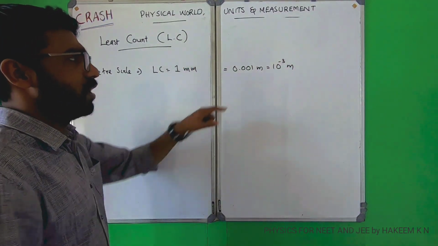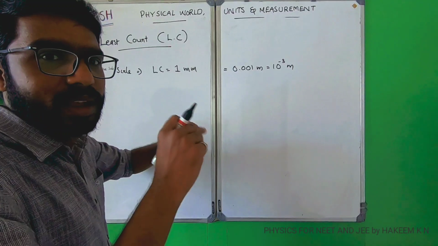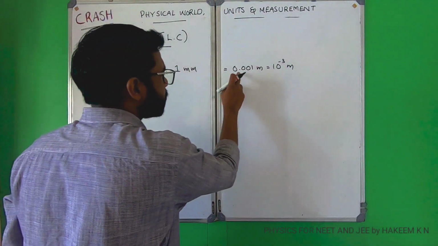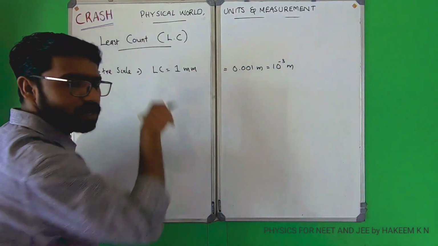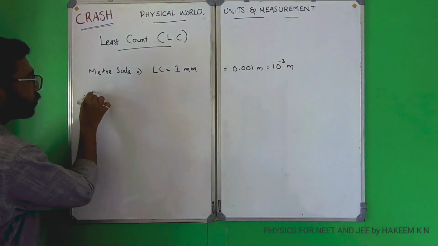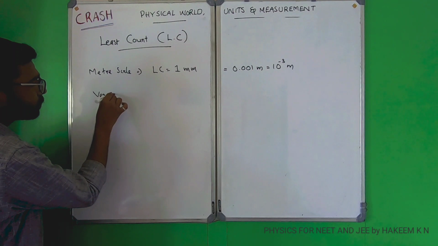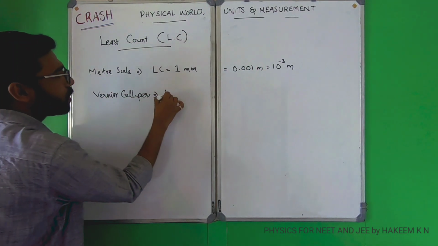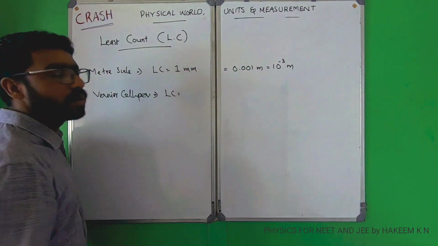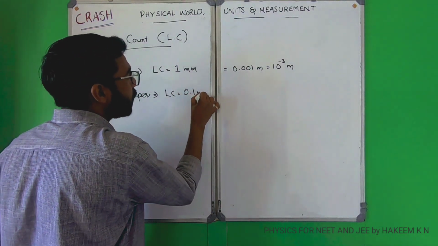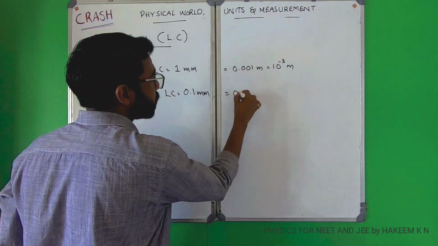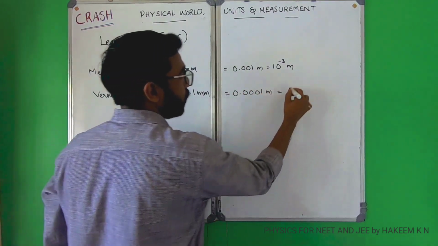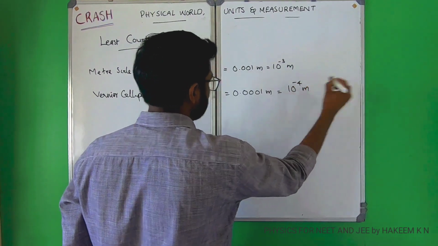By understanding the least count, we can identify the device. If the least count is 0.001 meter, then the device should be a meter scale. For Vernier calipers, normally the least count is 0.1 millimeter, that is 10 power minus 4 meter.